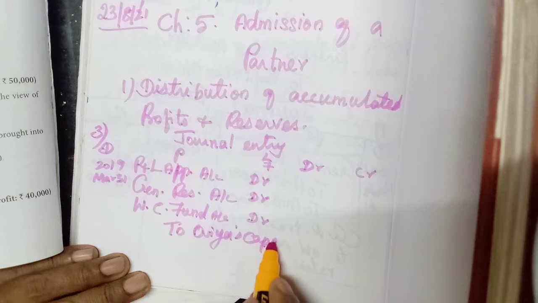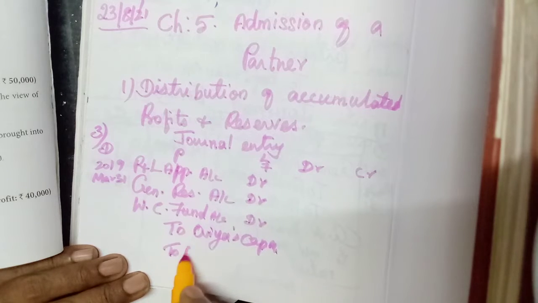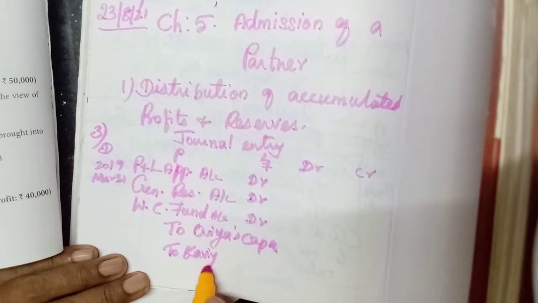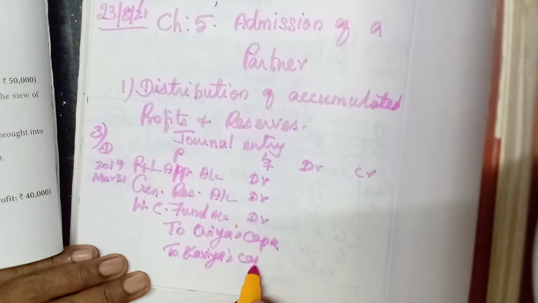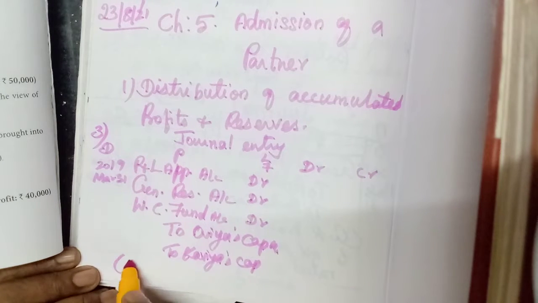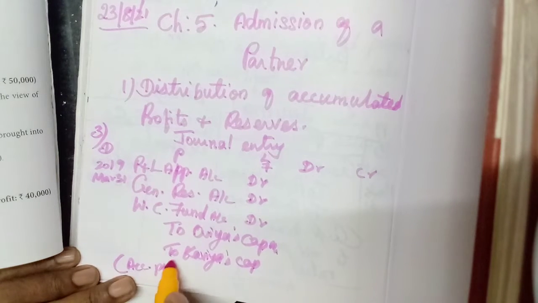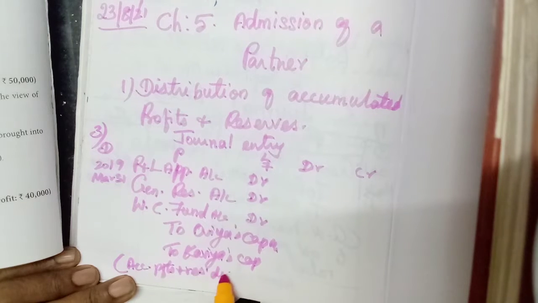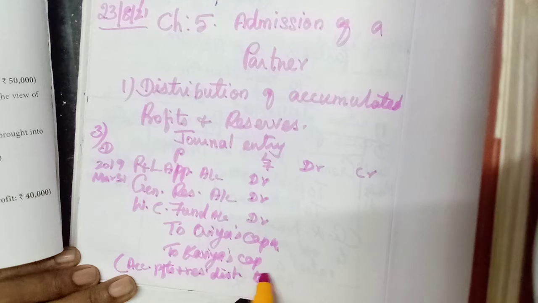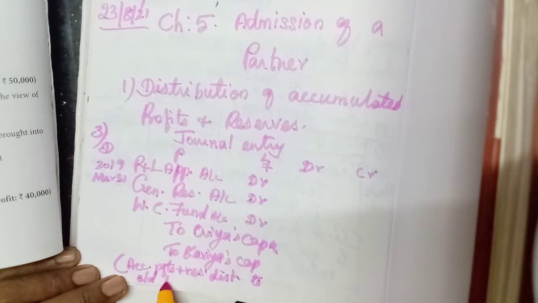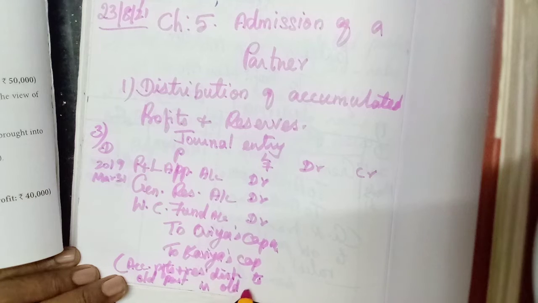Ovia's capital account, Kavya's capital account. Accumulated profits and reserves distributed to old partners in old ratio.